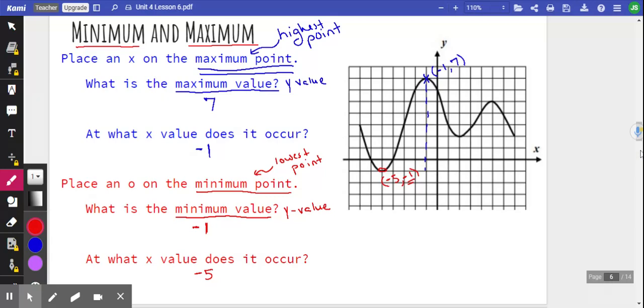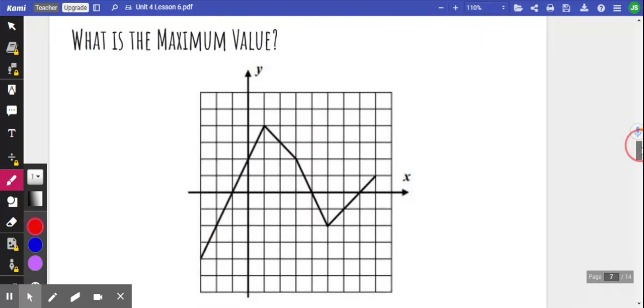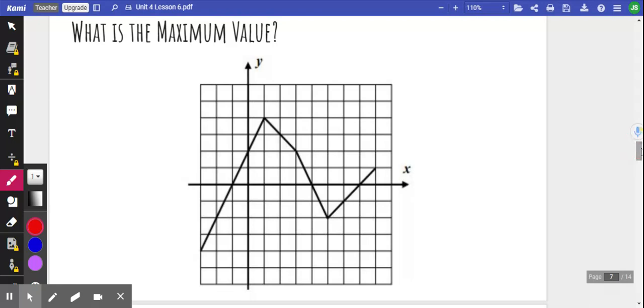Okay, so now you guys are going to try one out. So the graph, we're going to see this a couple times. What is the maximum value of this graph? So what is the highest value it goes to? Looking at this one, the highest value is going to be up here at this high point right here.